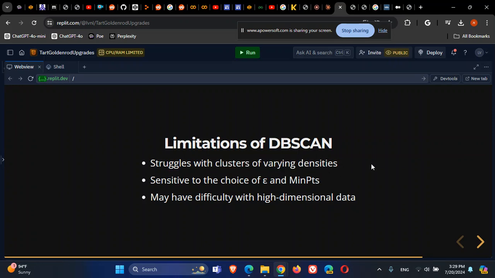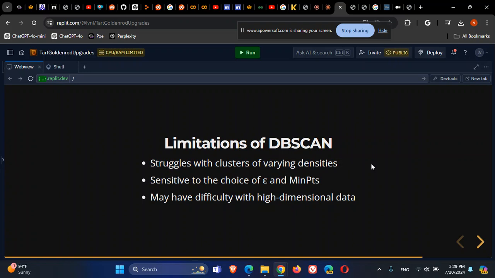Here comes the OPTICS clustering algorithm. You define an epsilon and the min points, which define what is the density of the cluster that you are going to find.